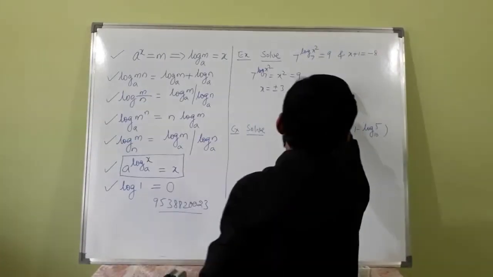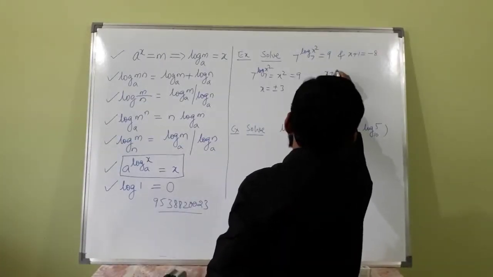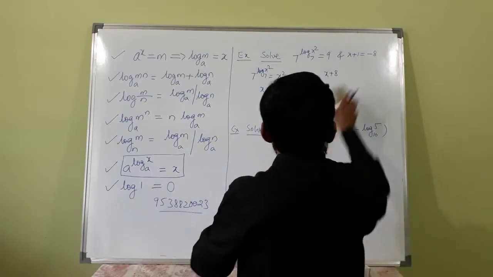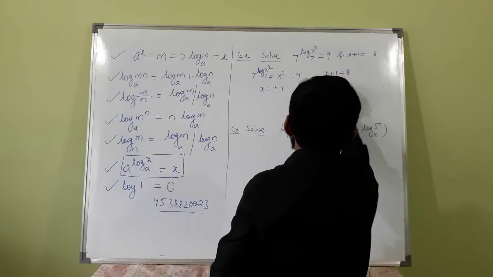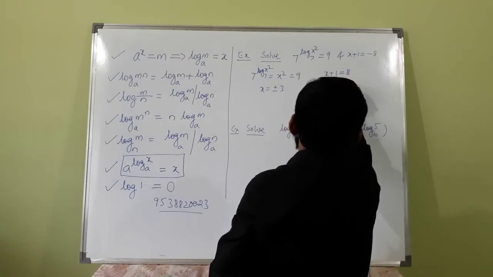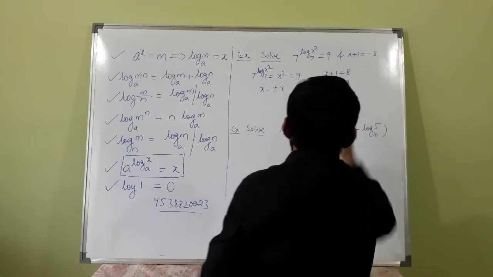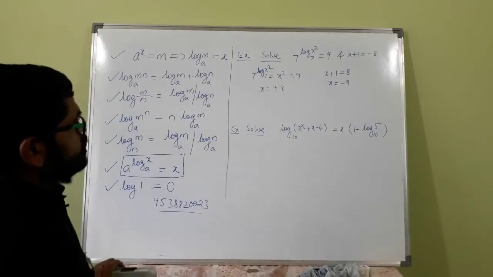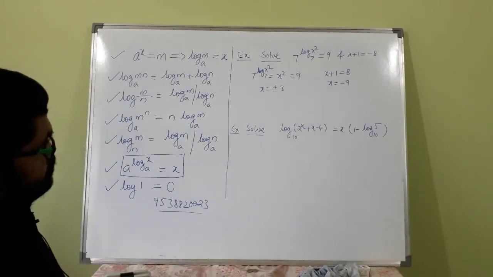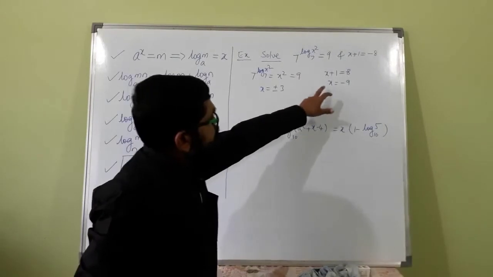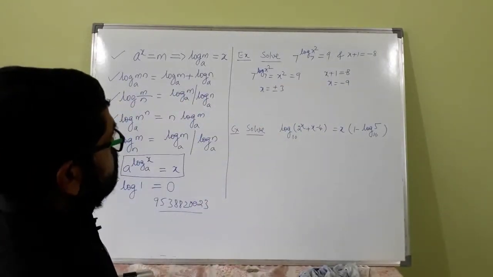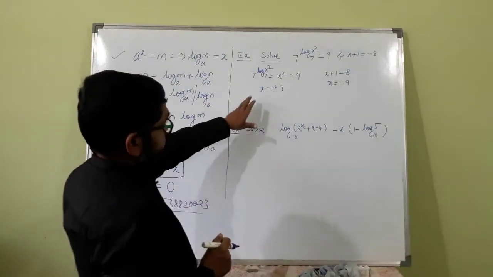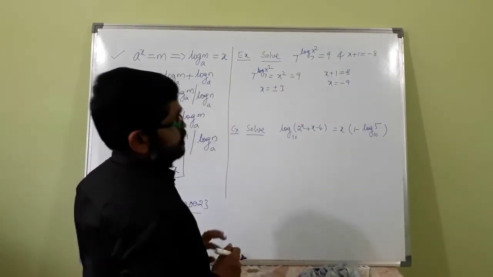Here x plus 1 is equal to minus 8 means x is equal to minus 9. So the values are plus or minus 3 and minus 9. Since x is not having common values, there is no x value which satisfies both the equations simultaneously.